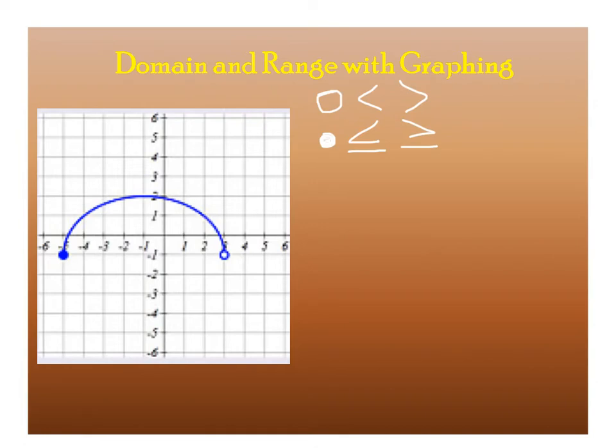So here we first find our domain, which we know is our x-axis. So we need to find where it stops and starts on our x-axis. So it starts down here at -5. Since it's a filled in circle, we know that it's going to be -5 is less than or equal to x.